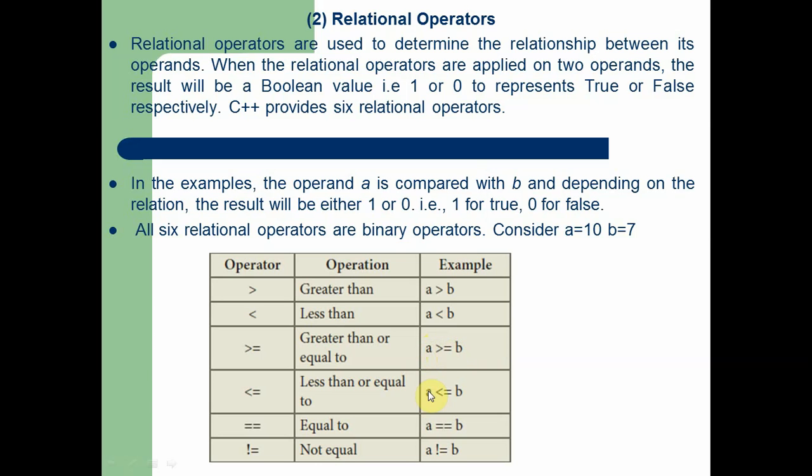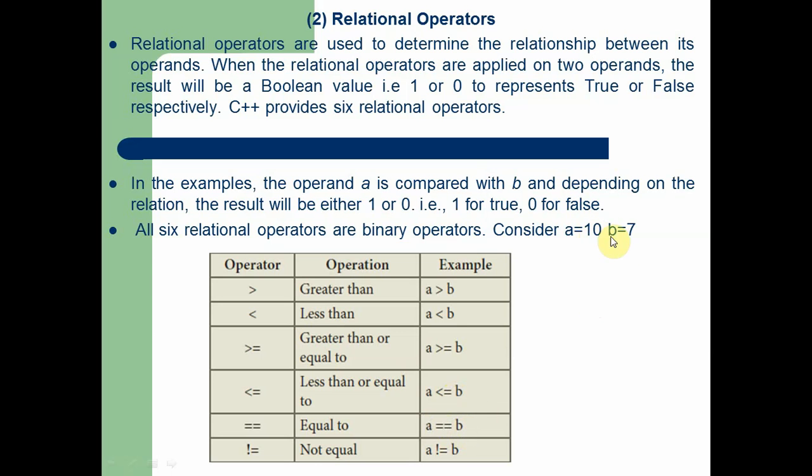In the same way, consider the less than operator: 7 less than or equal to 7, the result of the expression is true, because it is not less than but it is equal. In the same way, for equal to, b is 7, 7 equal to 7, yes, the condition is true.